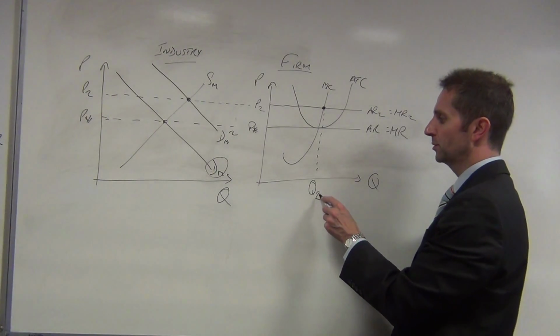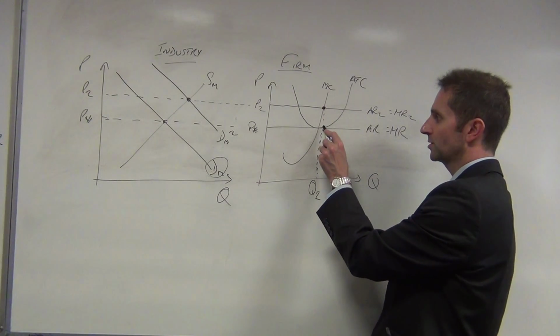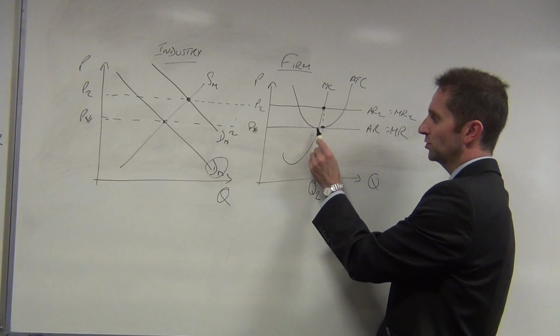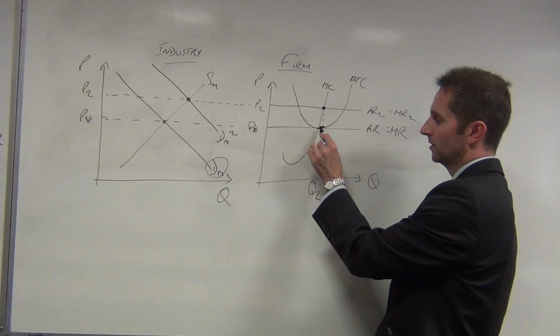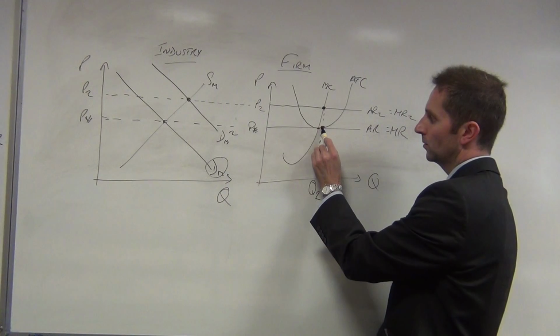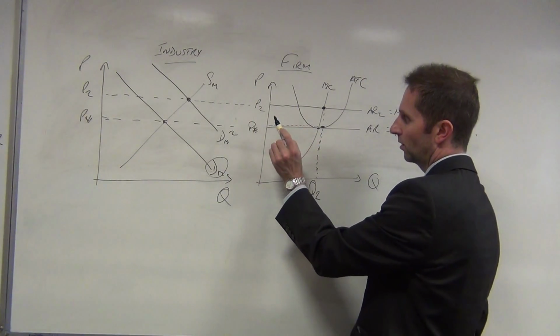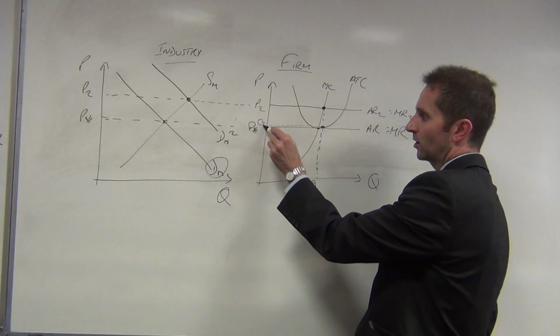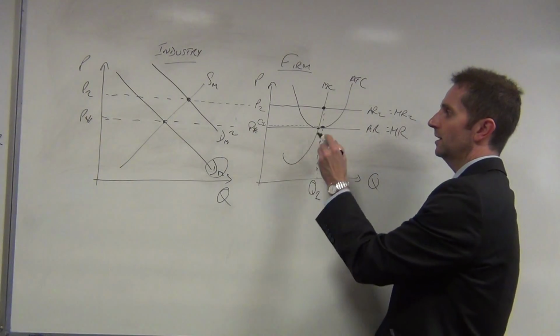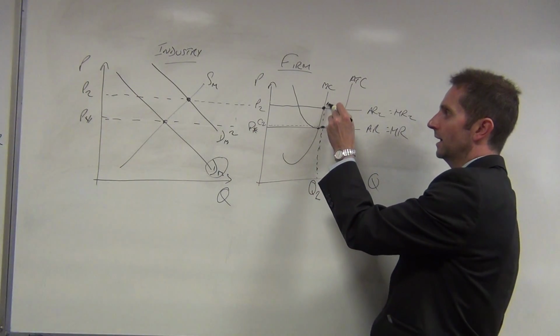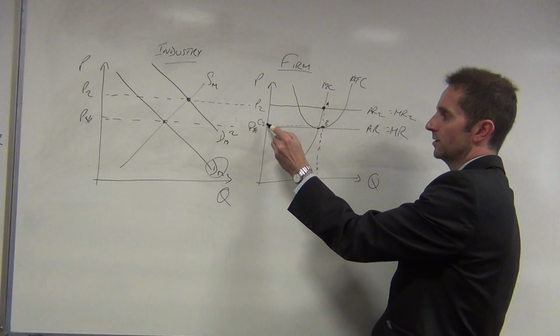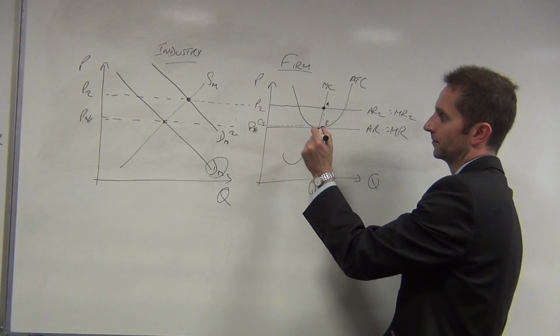Now the cost of producing Q2, if we take a dashed line up to the cost curve, it's just right of center, right of minimum. So we take that dashed line across to our y-axis, and that's the cost. And that leaves us with this rectangle A, B, C2, P2.